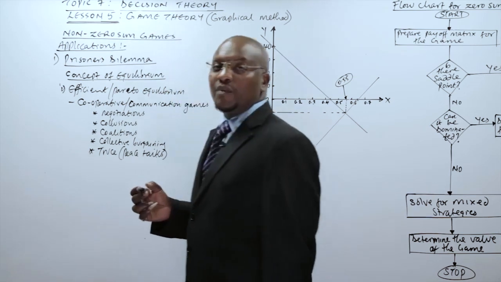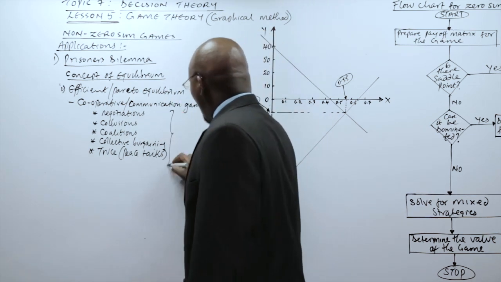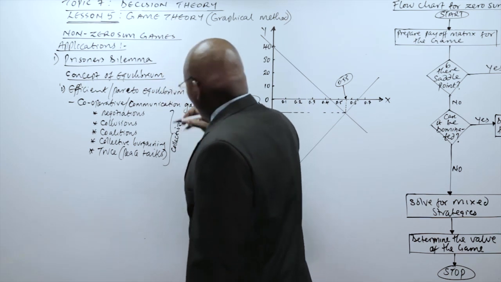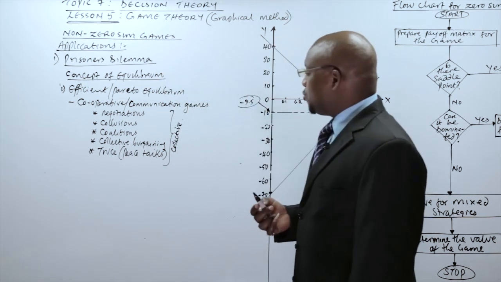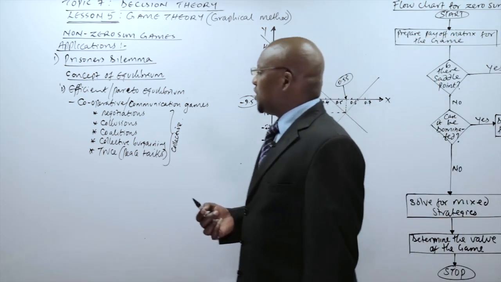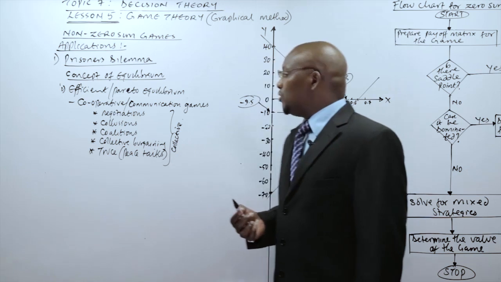These are examples. Now, this one is collective in nature. These are collective games where you work together for the value of the game. Now, this we call the efficient or Pareto equilibrium.